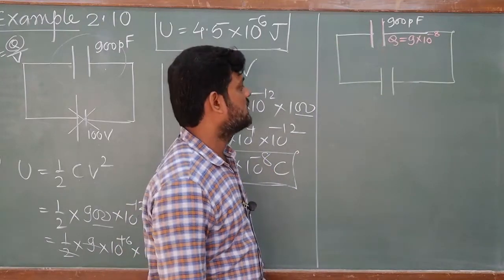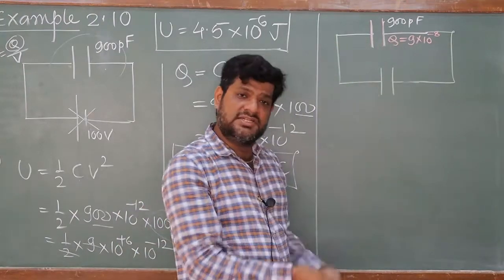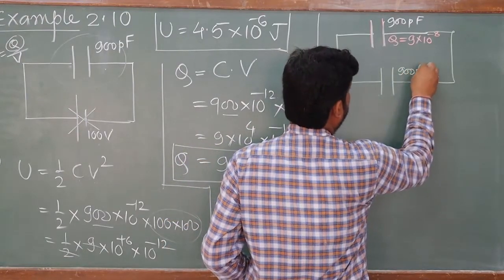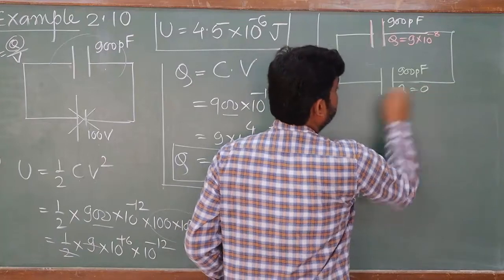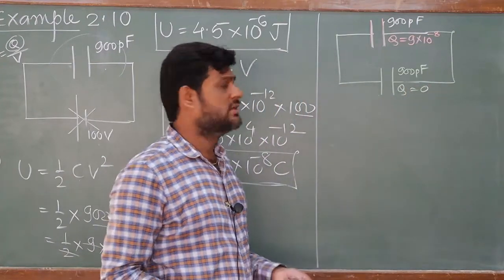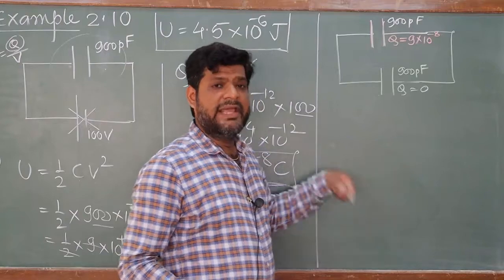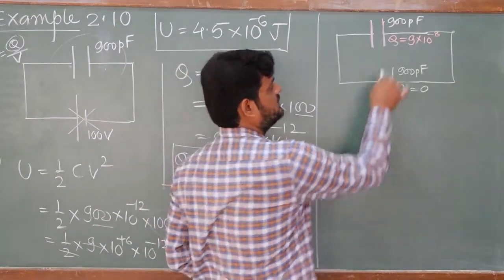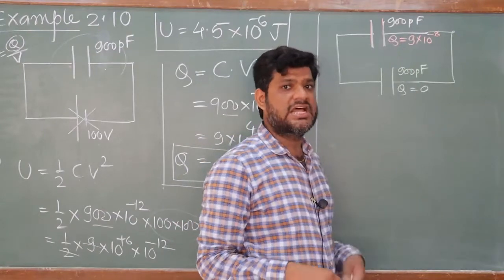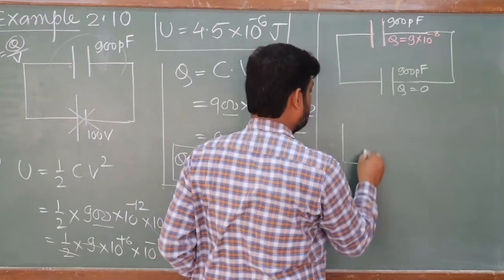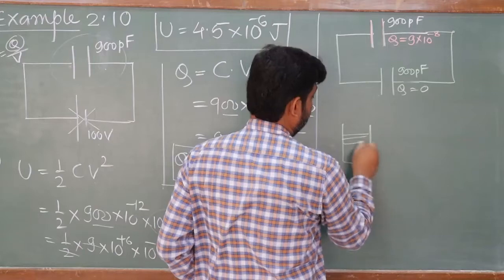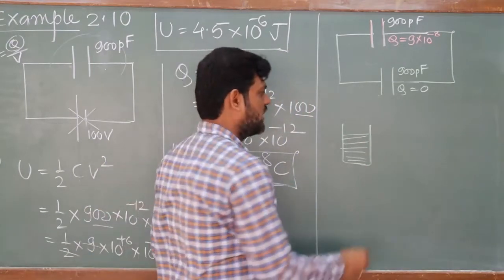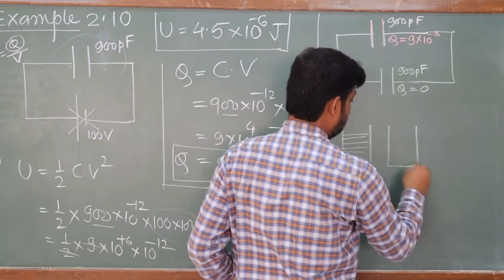First of all, we apply this uncharged capacitor having a capacitance of 900 picofarad, charge equal to 0, right? By applying this, what happens, we will see. Charge will divide. See, suppose we have a bucket full of water and another empty bucket with no water.